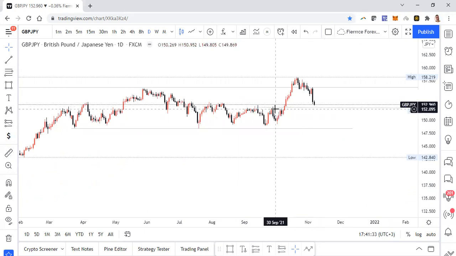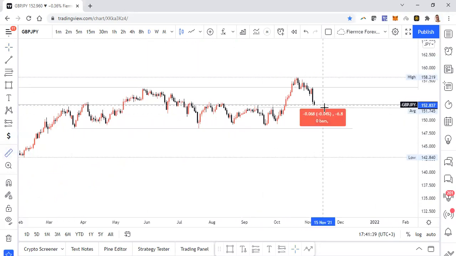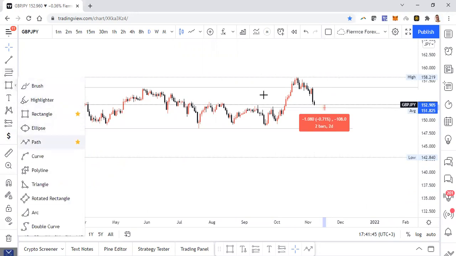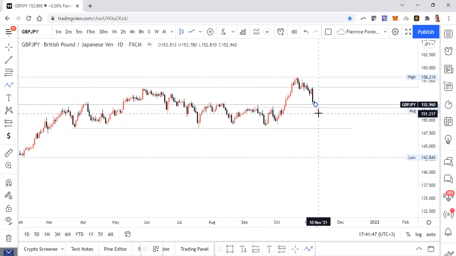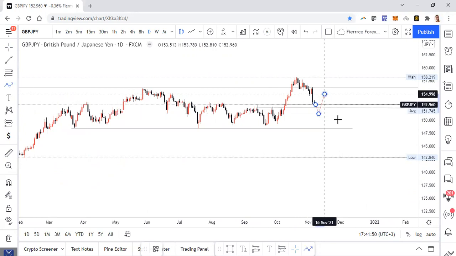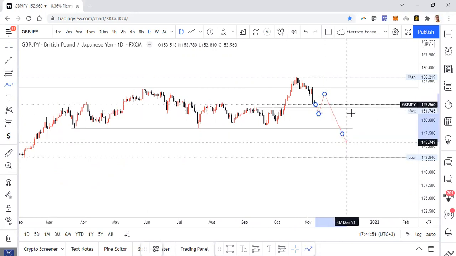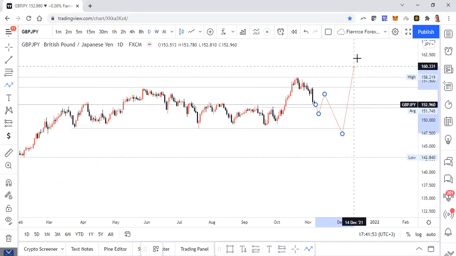But once we get to this zone of around 152.095, which is about 100 pips, we may see a move like this one. We may see price pushing down, then up, then down, then up, eventually.